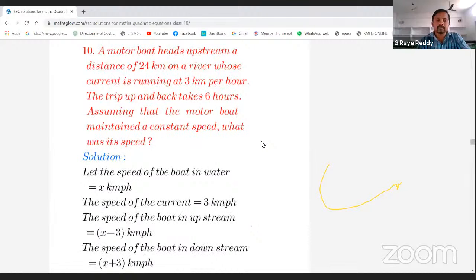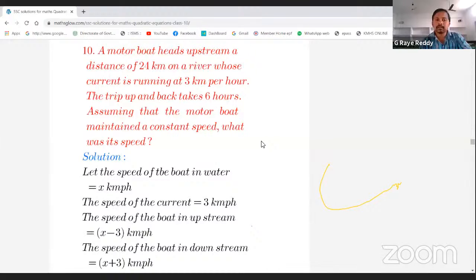So once again, understand the question. You should know how to convert a word problem into mathematical form. A motorboat heads upstream a distance of 24 kilometers on a river whose current is running at 3 kilometers per hour. The trip up and back takes 6 hours.